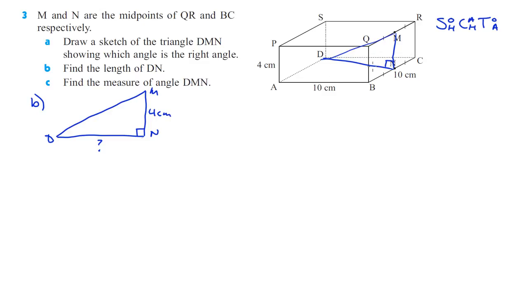So D to N. If we're figuring out what D to N is, that's this line right here. Let's do this in red. Let's use this triangle right here.